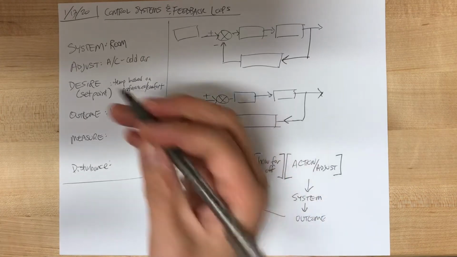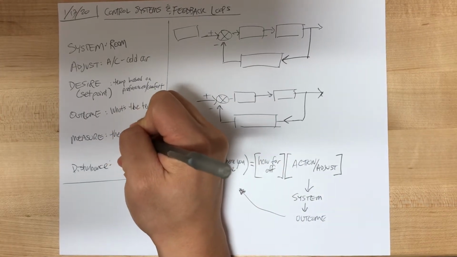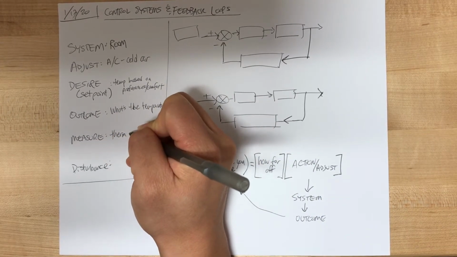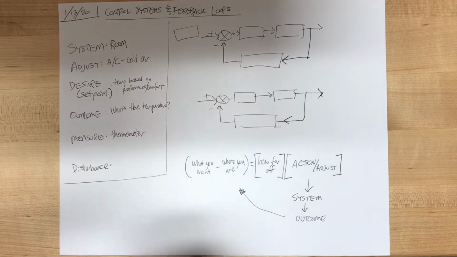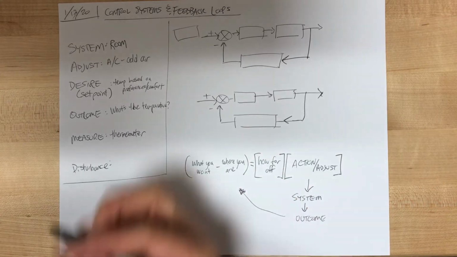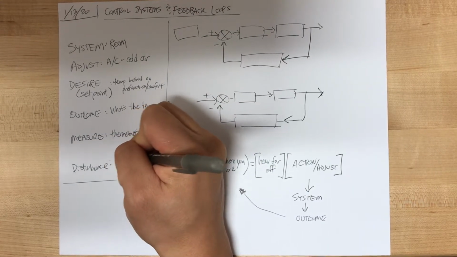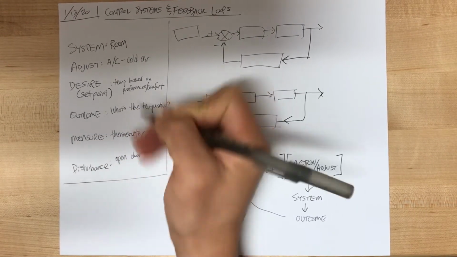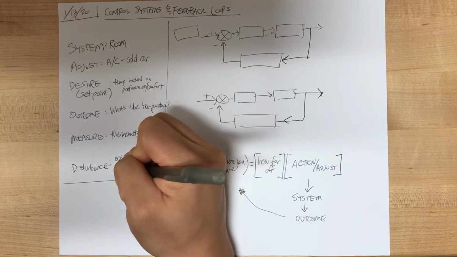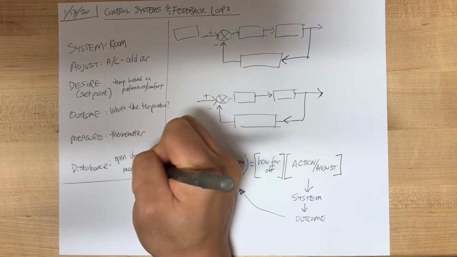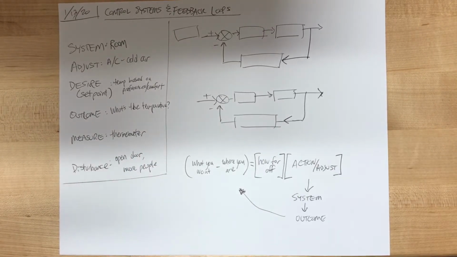Then you're going to make a measurement, and we know that with our thermostat systems, the HVAC systems, there's a way to measure. And then there's a disturbance. These are sort of unexpected or maybe undesired things that come about. So if you're talking about a room, maybe somebody opens the door, and in the case of when you want AC, maybe it's really hot outside, or maybe you have more people in the room, so it's warmer.